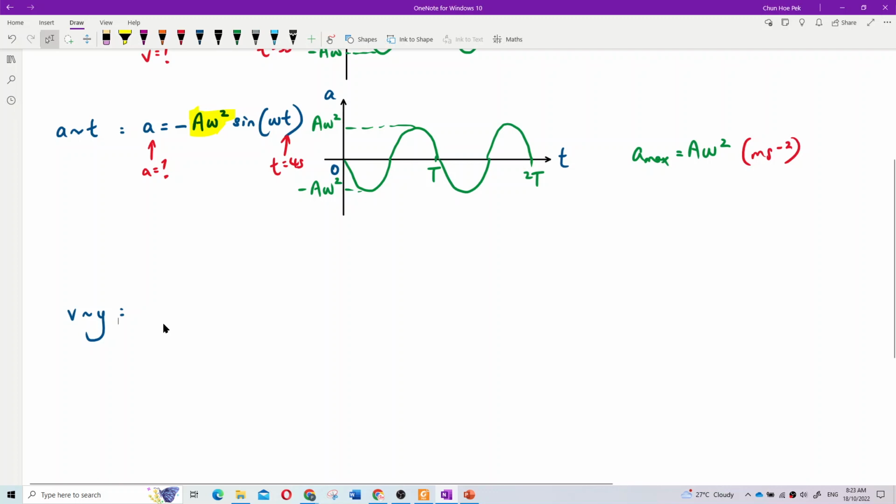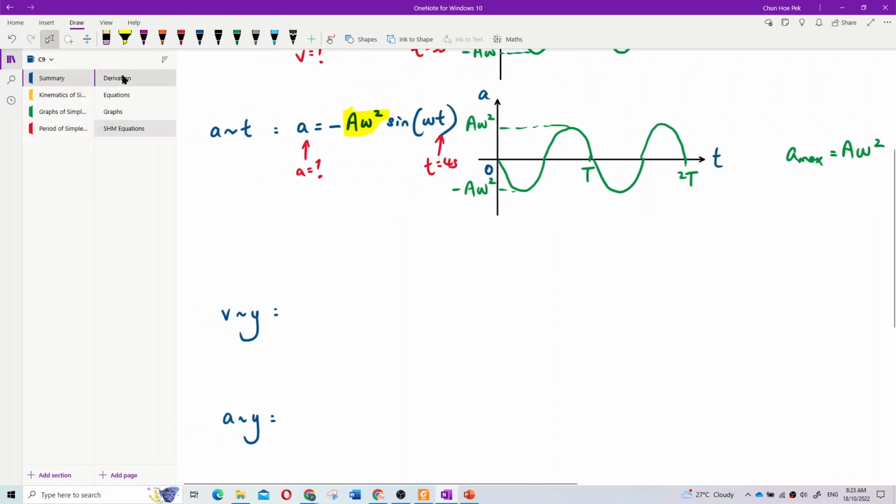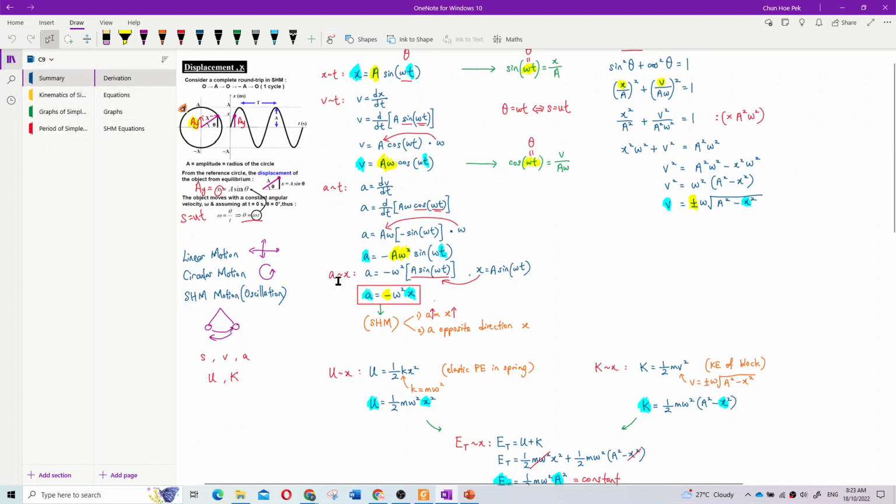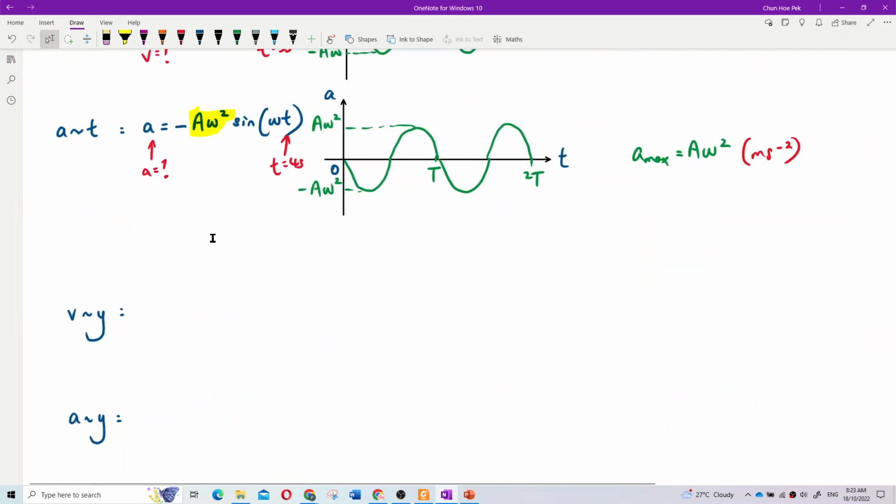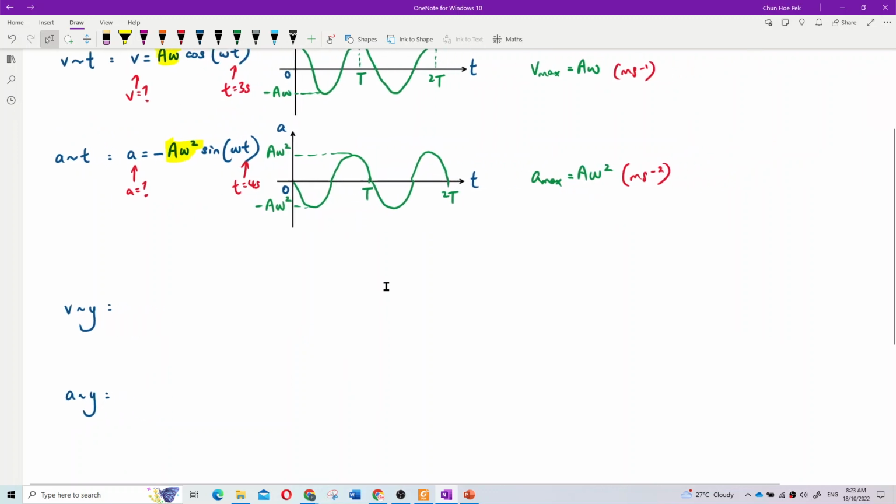We also have acceleration versus displacement. Actually, I discussed all that already. But now it's a new symbol. Instead of x, we use y.